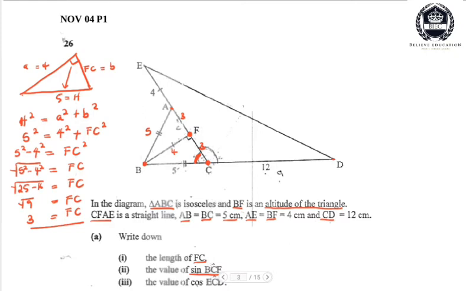So I just take the triangle again, something like this again. Then I have this angle as my reference point, so that would be BC, and then we have F.